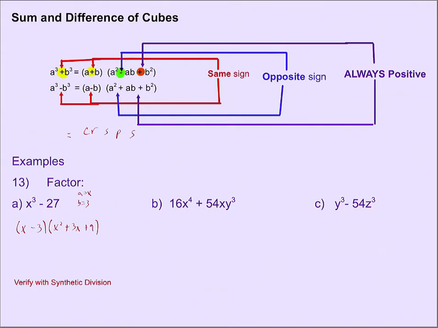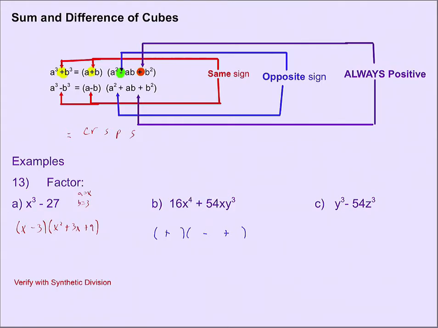So it's the same sign, different sign, always positive, if that helps you remember. So in this case, we start with a plus. So our first thing is going to have a plus sign, and then a minus sign, and then a plus sign. So if you want to think about the signs you're going to use first, that's certainly a good idea.